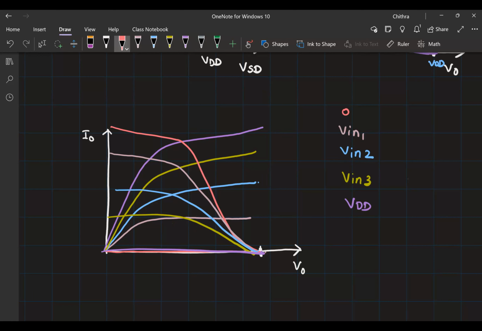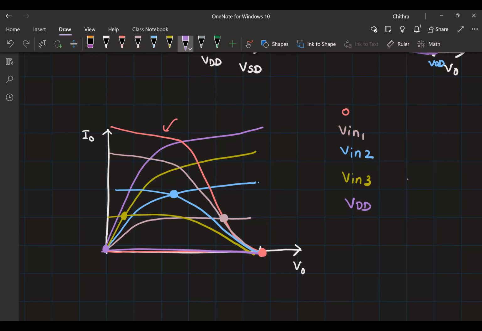So corresponding to Vin equal to 0, where is the intersection point? Here. This is where this red line and the red line for the PMOS, red line for the NMOS is intersecting. Right? Similarly, for Vin1, the intersection point is here. Both the blue curves are intersecting here. The green curves are intersecting here.